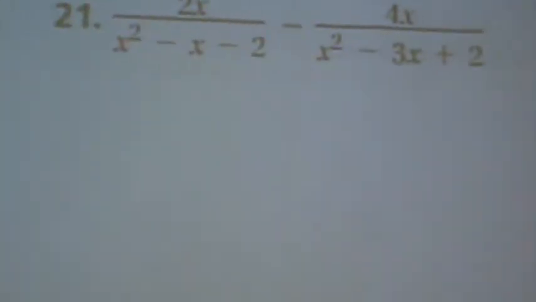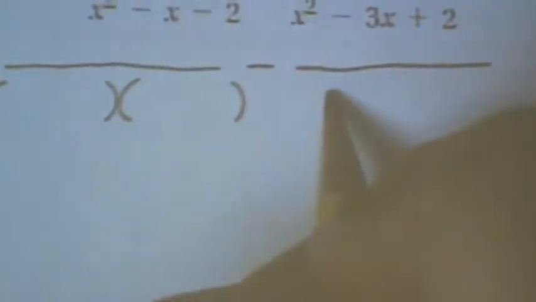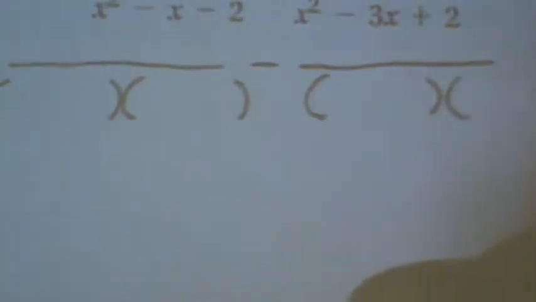Okay, next side. Tell me what step 1 is. What's step 1? What are you gonna do with x squared minus x minus 2? Anyone know how to break it up, factor it out?